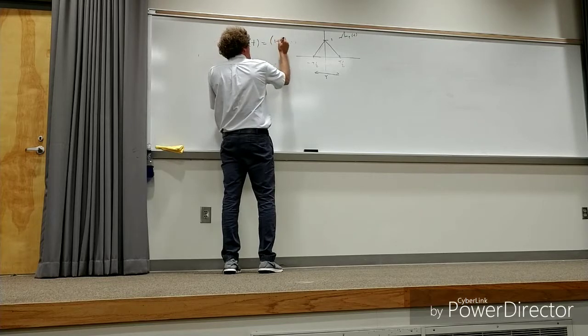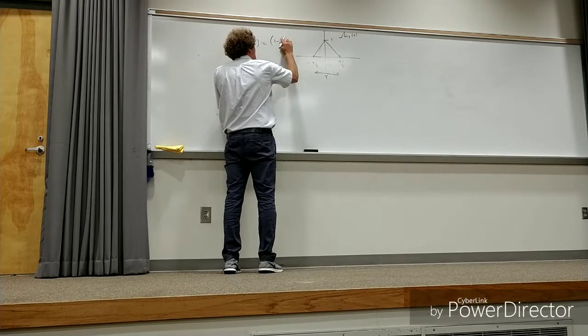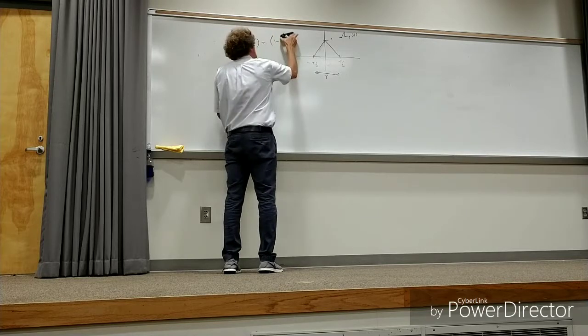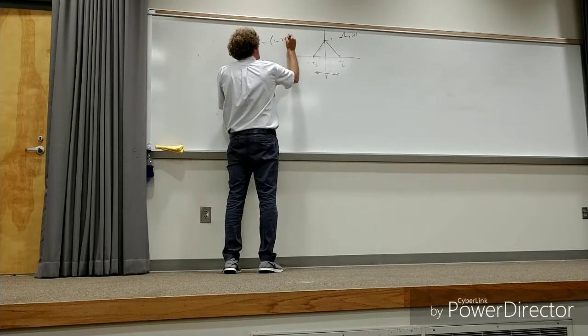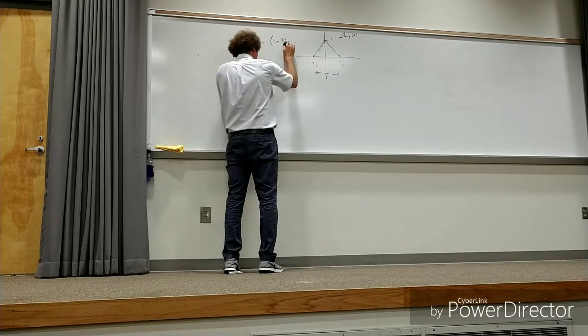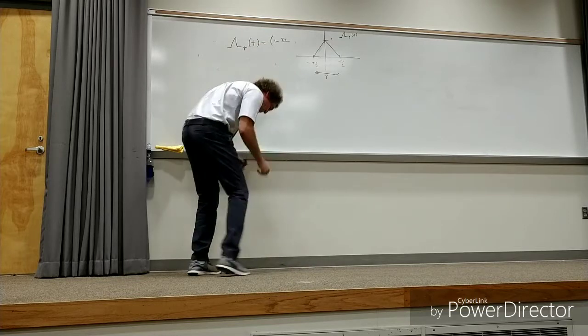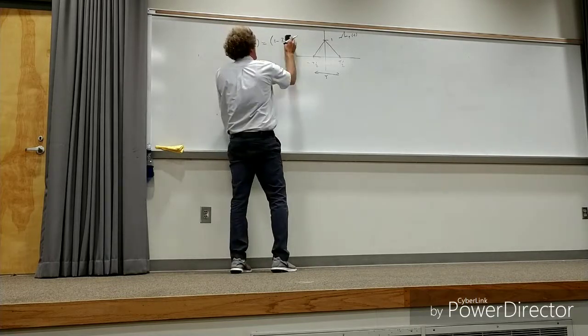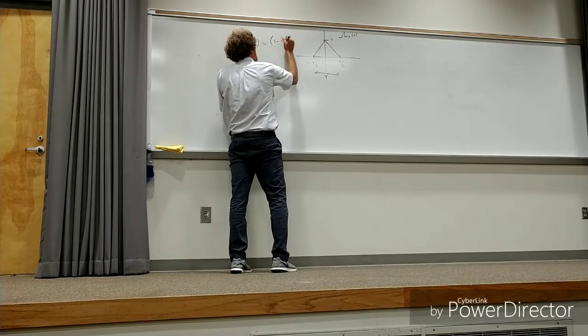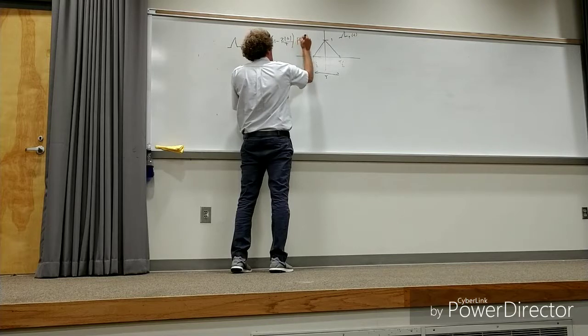It's simply 1 minus 2 times the absolute value of t over tau, times a pulse of width tau.